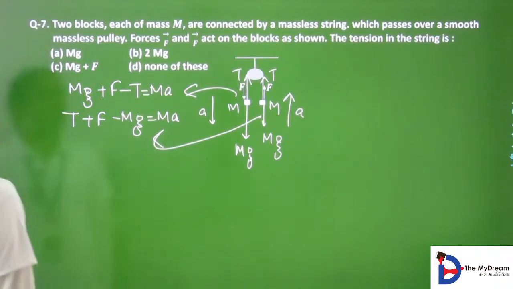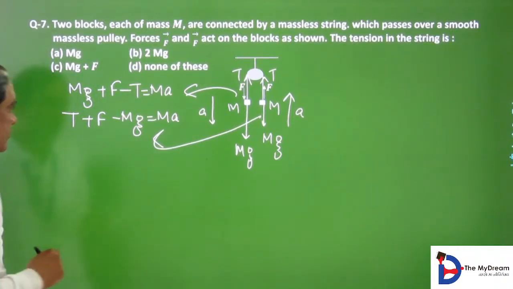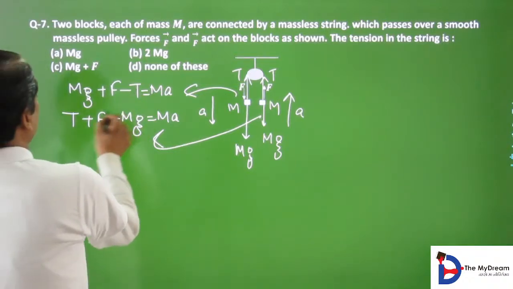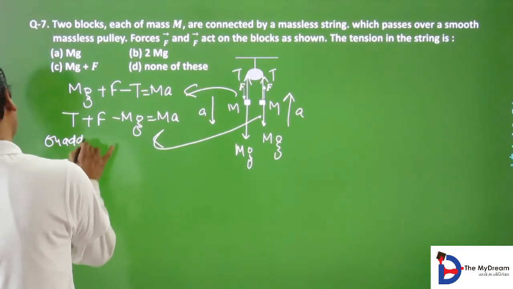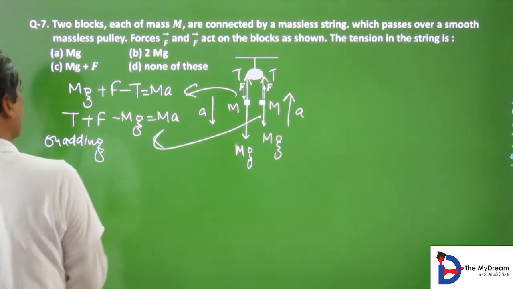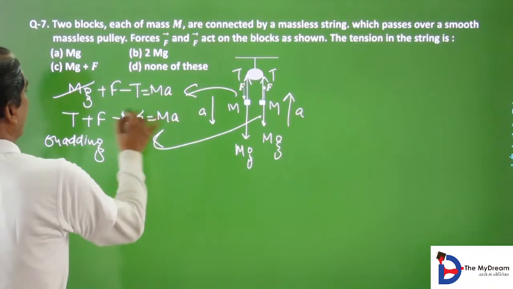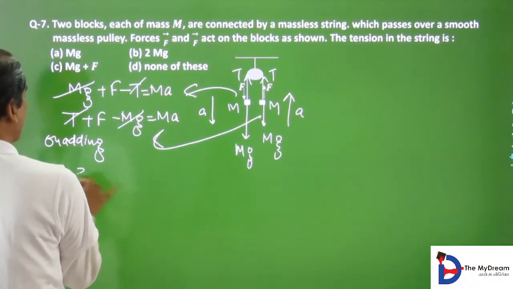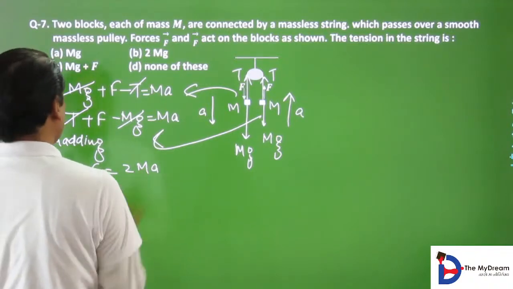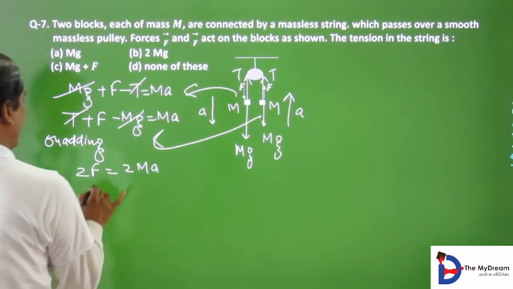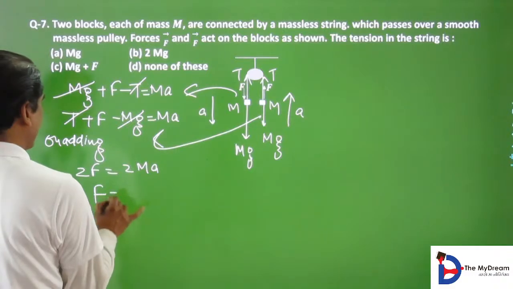So you can write down, on adding, this will cancel out. So 2F is equal to twice of ma. So F is equal to ma.